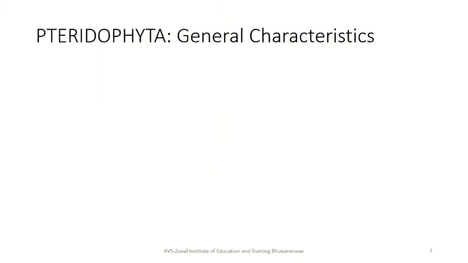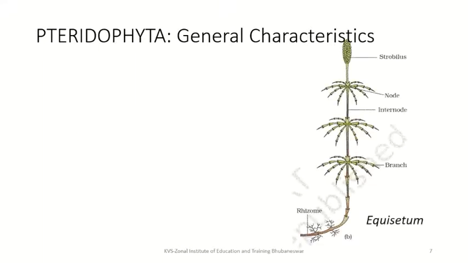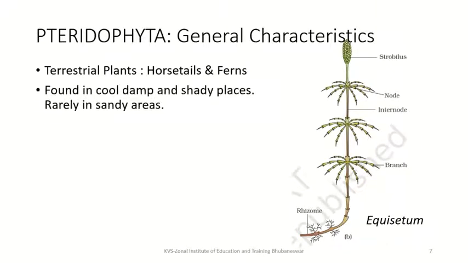General characteristics of pteridophyte. These pteridophytes are the first land plants, the terrestrial plants, divided into two broad groups, horsetails and ferns. These are usually found in cool, damp and shady places, and rarely they are also found in sandy areas. The main plant body in pteridophytes is sporophyte.